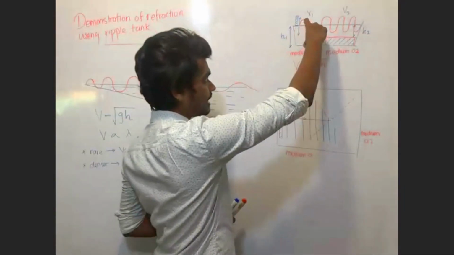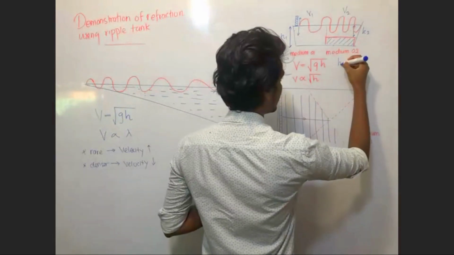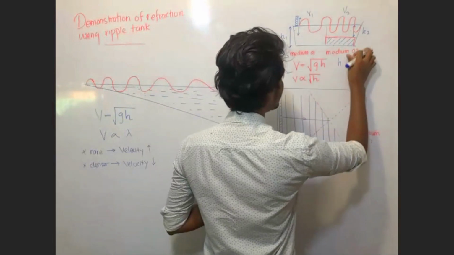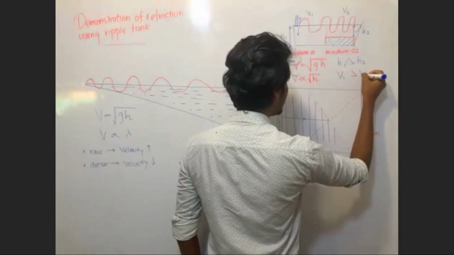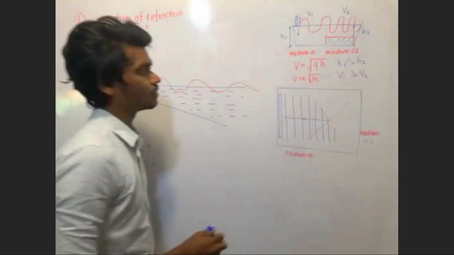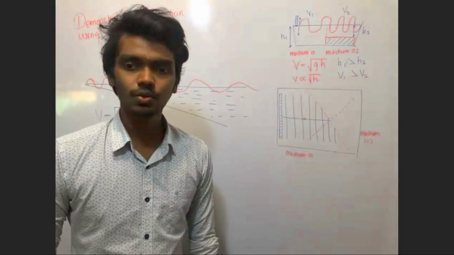So in this, the height is higher. H1 is greater than H2. Therefore, V1 should be greater than V2.